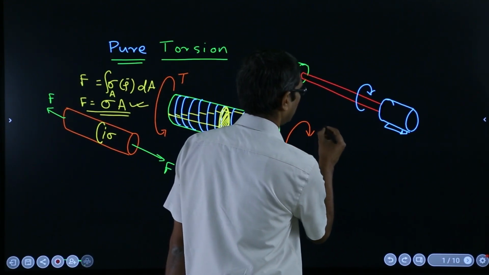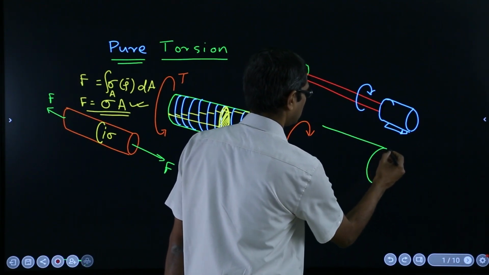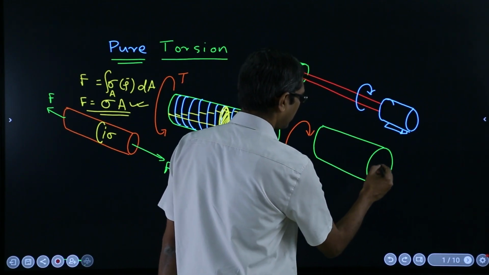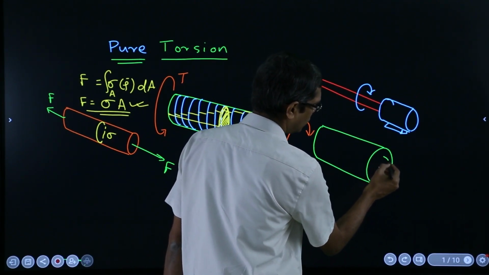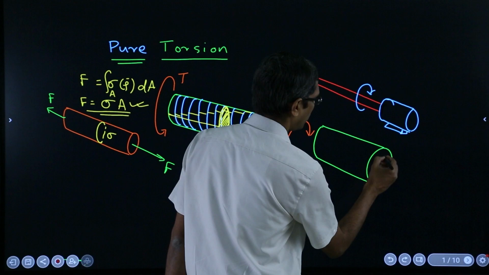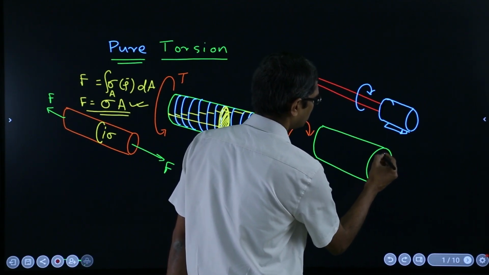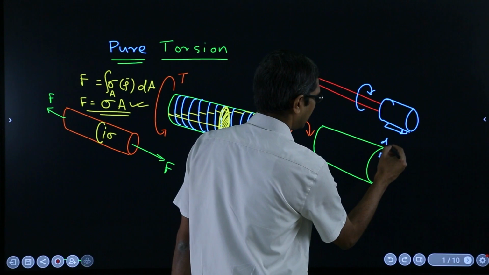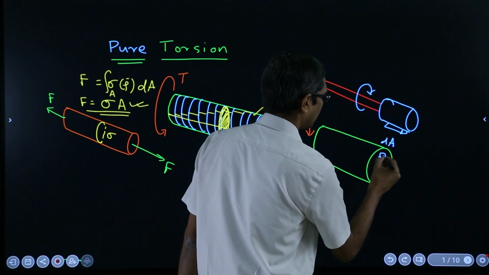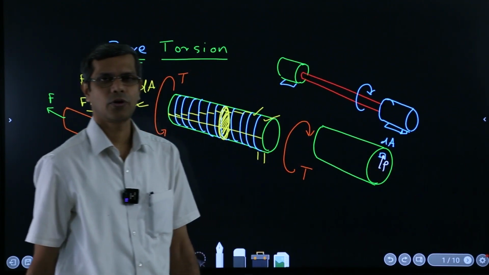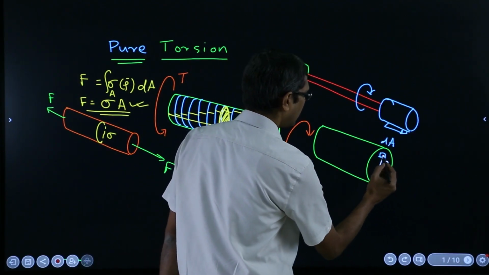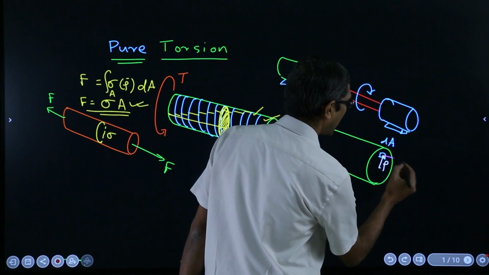Suppose I go to a particular section somewhere, and on that section a particular point. If I consider a small area there, say dA, at a distance of rho from the center, then the shear stress acting will be parallel to this.